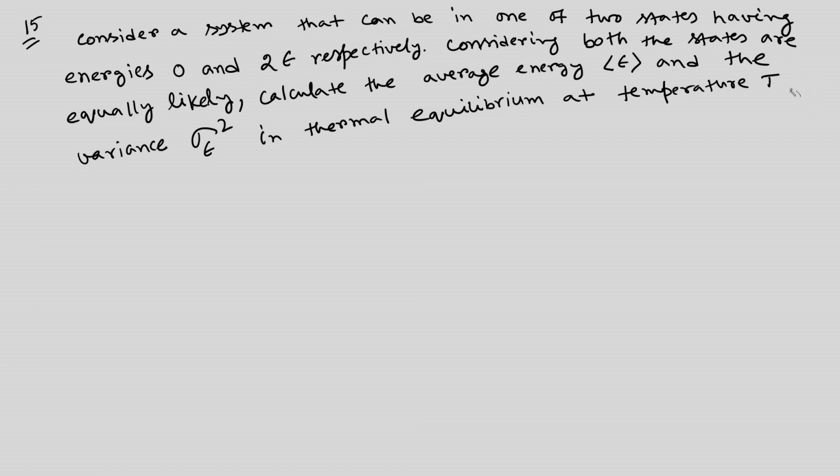So, this 15th problem is: consider a system that can be in one of two states having energies 0 and 2 epsilon respectively. Considering both the states are equally likely, calculate the average energy epsilon average and the variance of energy sigma epsilon to the 2 in thermal equilibrium at temperature T Kelvin.